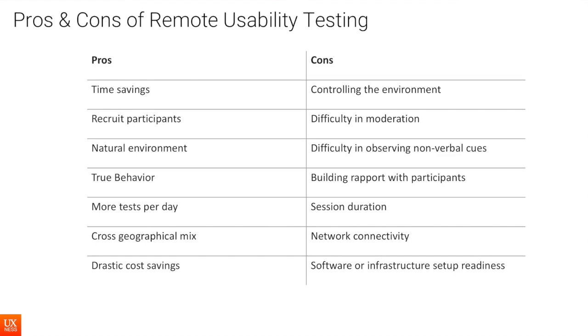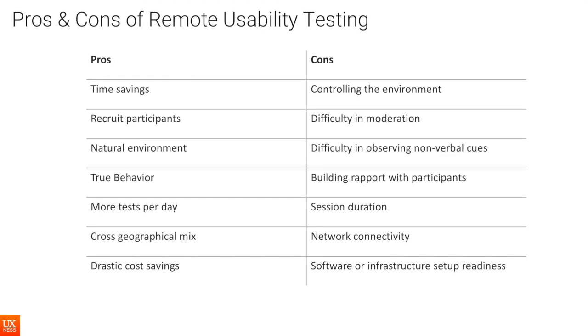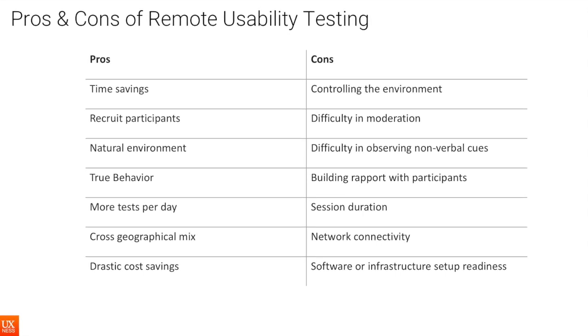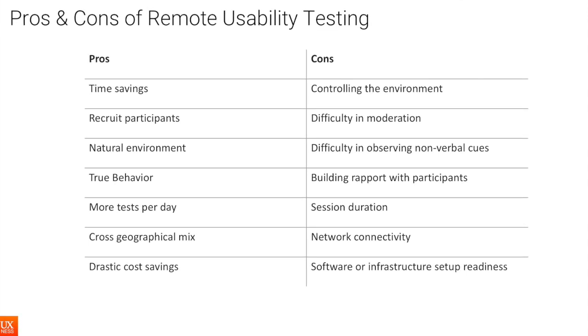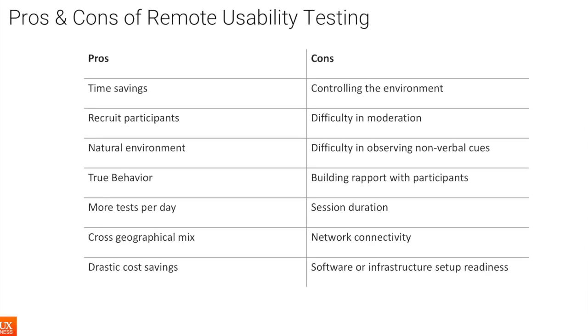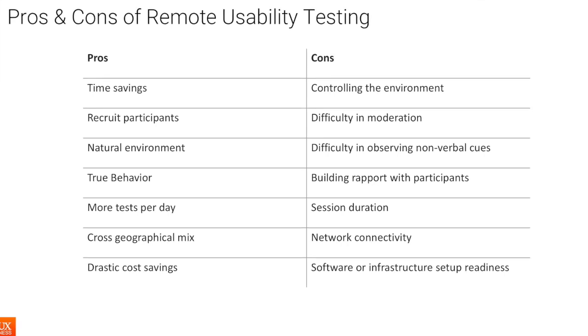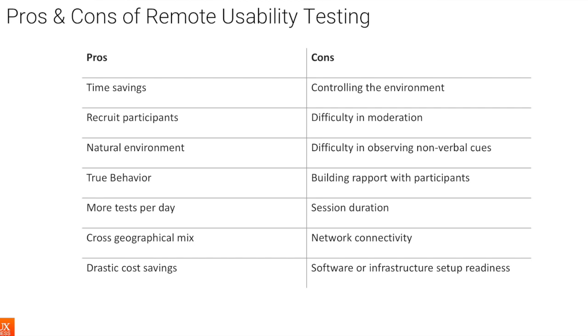There is also one important parameter: ecological validity. Studies have shown that when you conduct usability testing in a controlled environment, participants sometimes have a bias and do not perform or behave naturally.